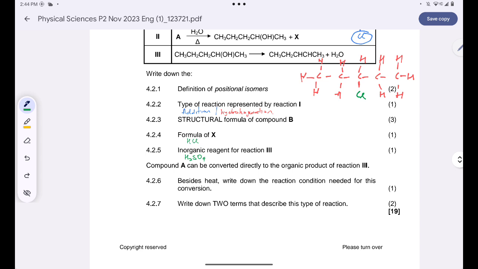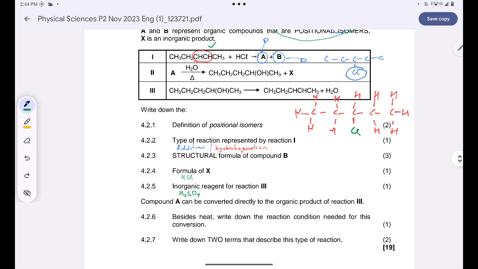Okay, and then now we are told that compound A can be converted directly to the organic product of reaction 3. Compound A, the 2-chloropentane, can be changed into the alkene that we have there. But besides heat, write down another reaction condition needed for this reaction. Whenever you remove, this type of reaction, guys, is elimination.